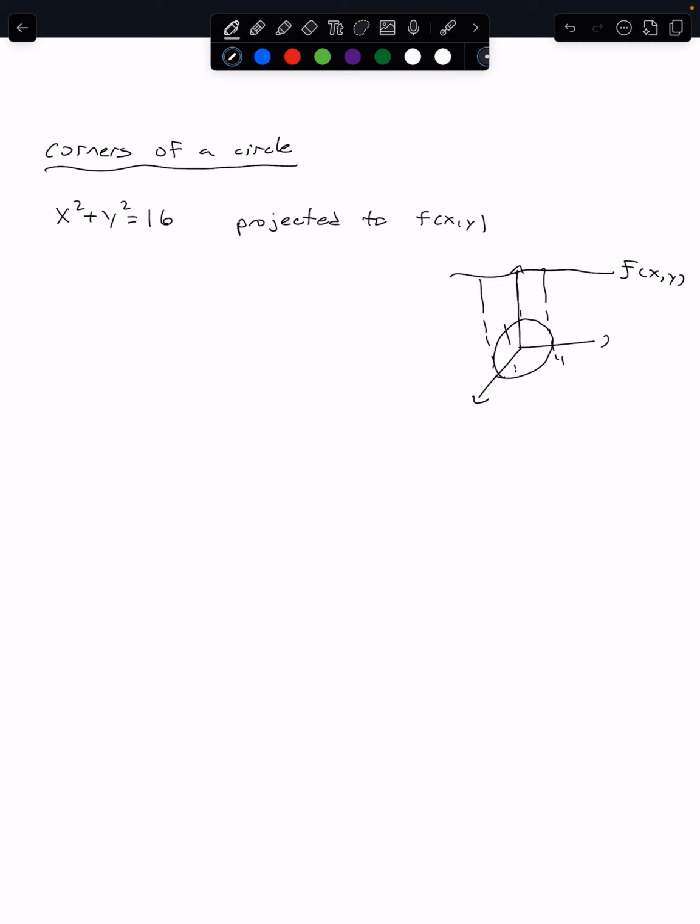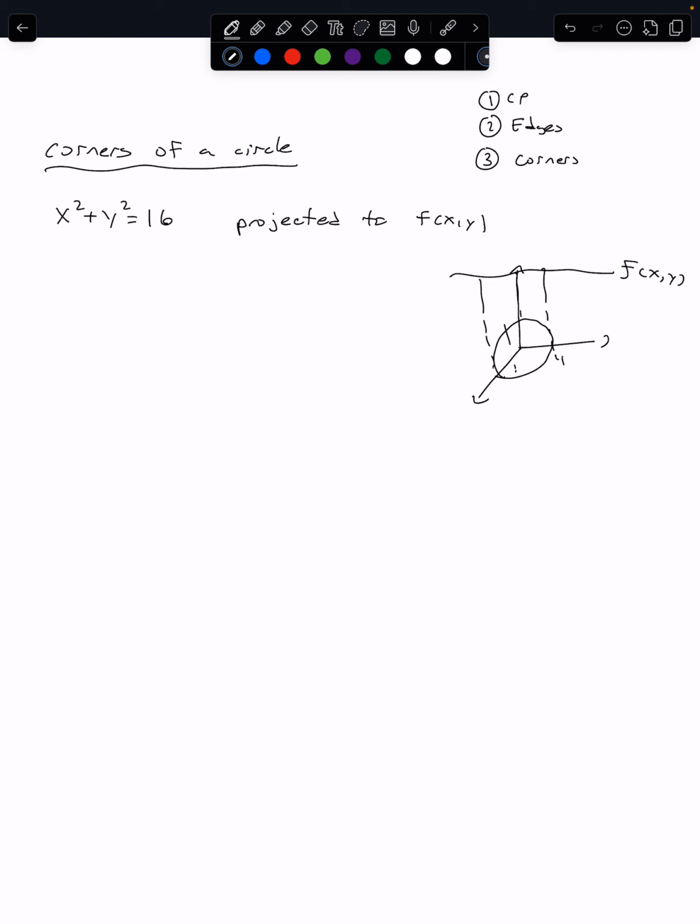Because this is multivariable, the first thing we check is our critical points. The second we check are the edges, and both of those are pretty easy to solve for. The third one, because it's a circle, we have to look for the corners.